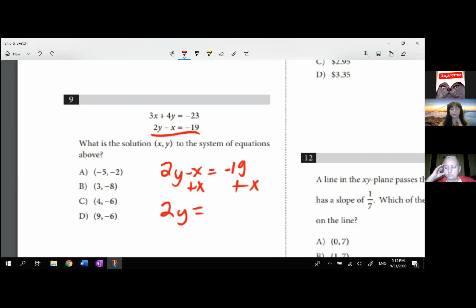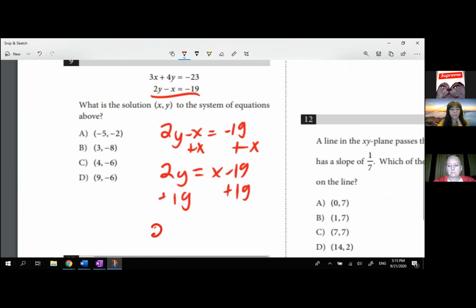Because we can define this x super easy, we want to add the 19 to the other side. So we've got x minus 19. Let's go ahead and add that 19 to both sides. So now what we've got is 2y plus 19 equals x. So now we've defined the x.